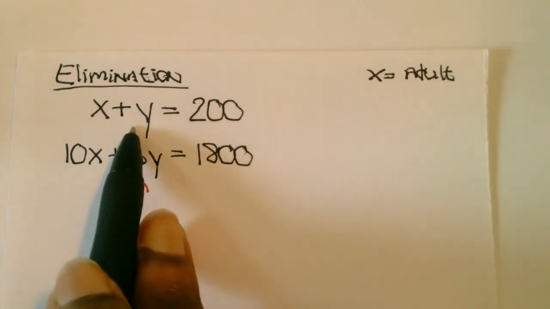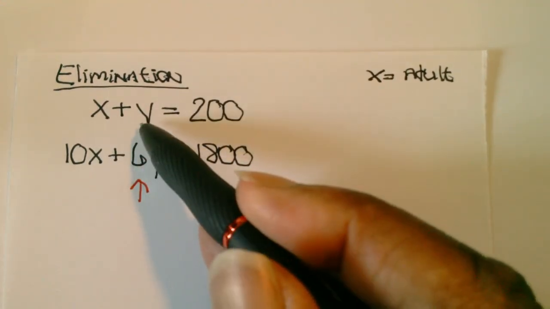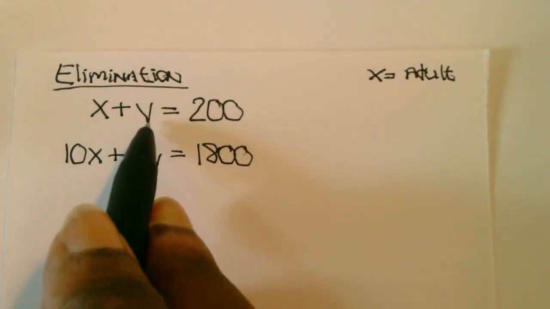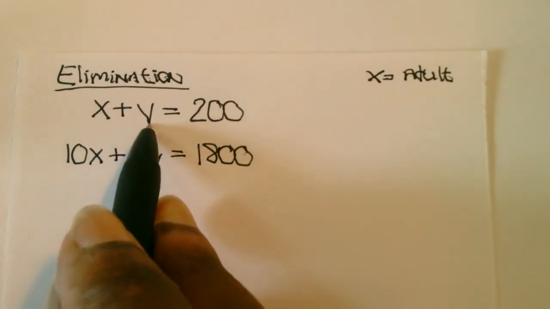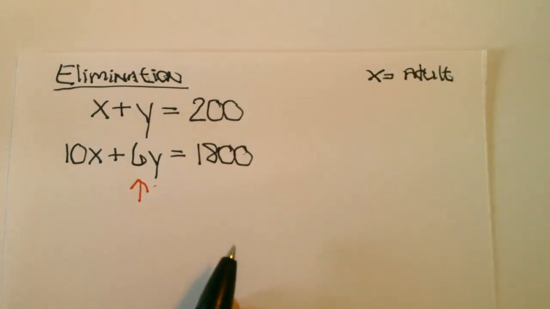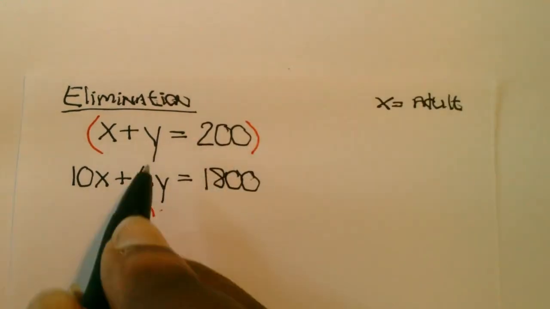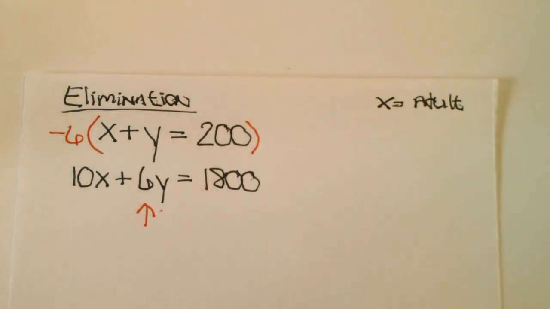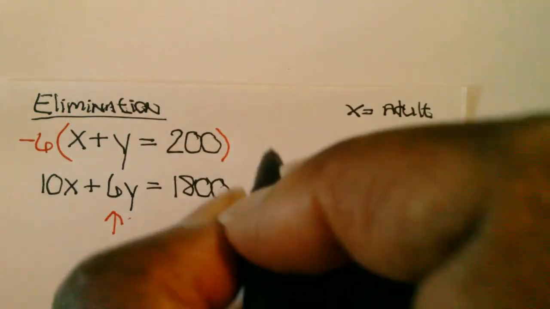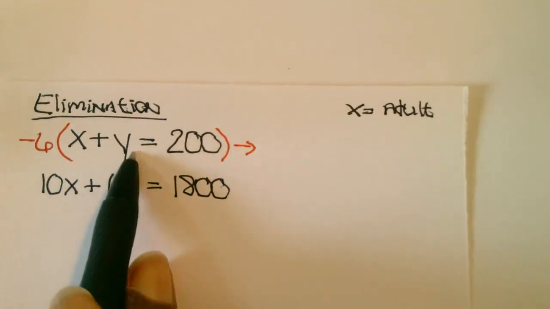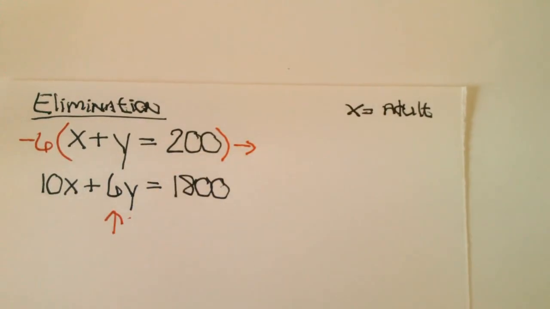So that means this y up here needs a 6, but it needs a negative 6. If I could multiply this y by negative 6, I can achieve my goal of canceling things out. But here's the trick. I can't just multiply that negative 6 to one term. I got to do it to the whole equation. So now I'm doing the distributive property to everything in that top equation.